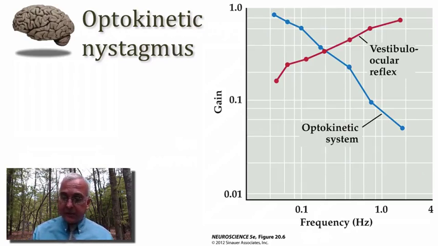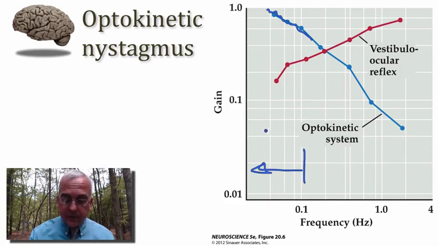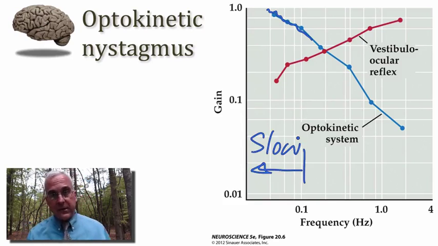So this graph here simply shows us the gain of the optokinetic system and the vestibulo-ocular system across motion frequencies. And what we find is that for the optokinetic system, the gain is quite high when the motion is quite slow. So this is a very slow movement, and the optokinetic system helps to stabilize our gaze when there's very slow drift in the visual field.